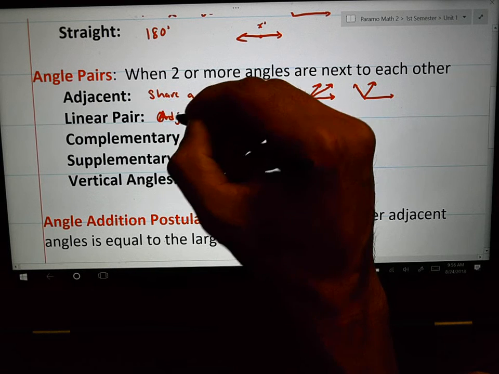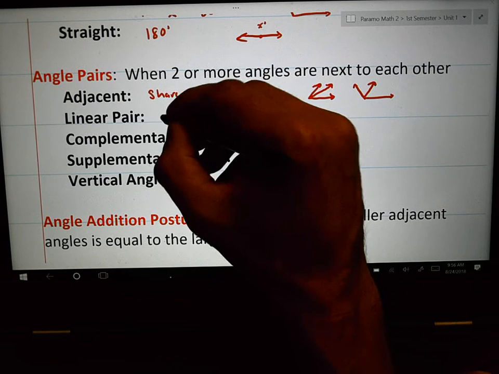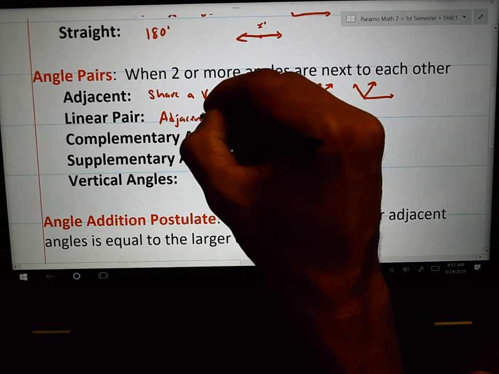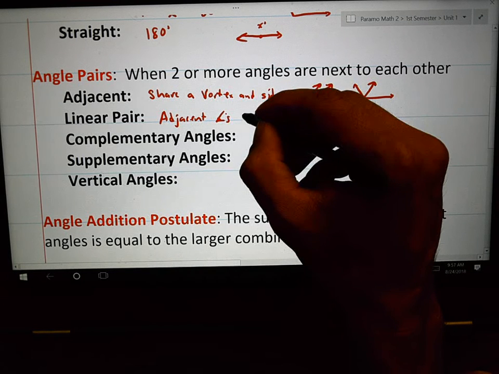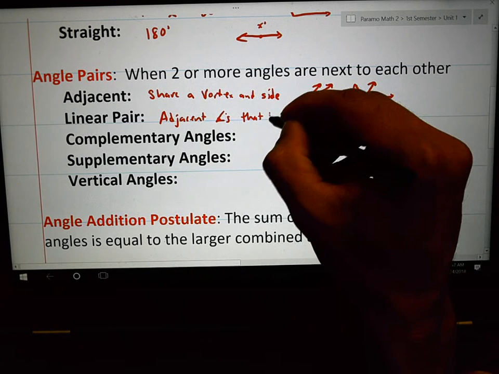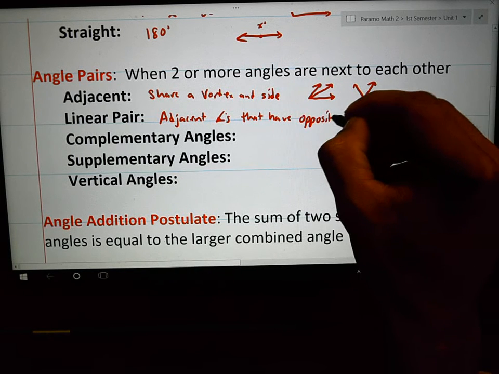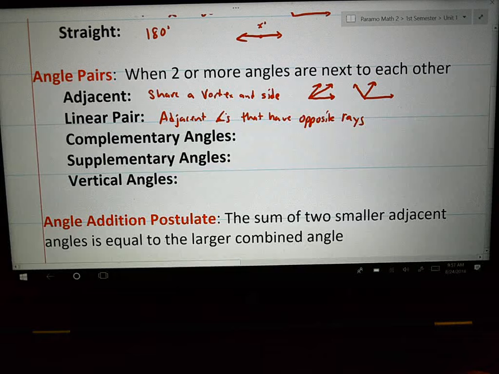A linear pair are adjacent angles that have opposite rays.